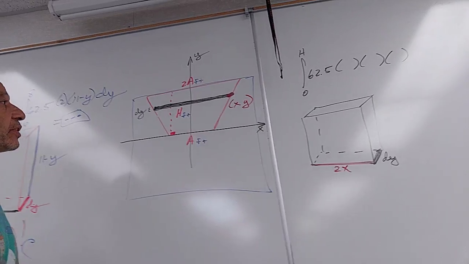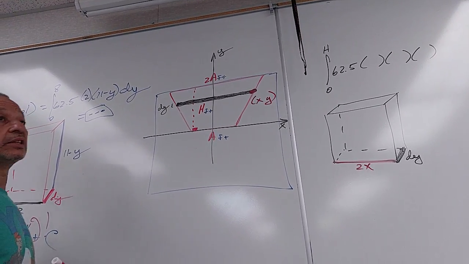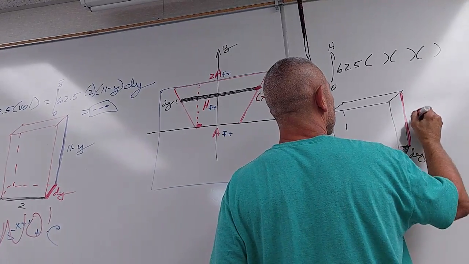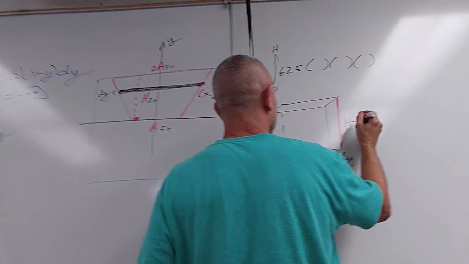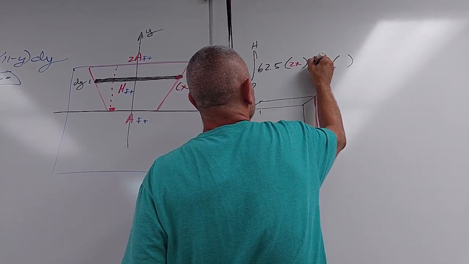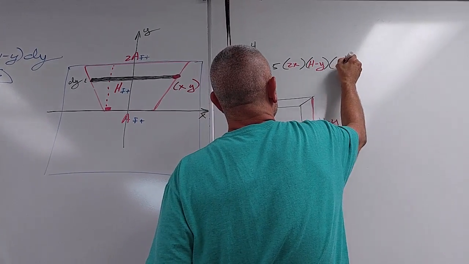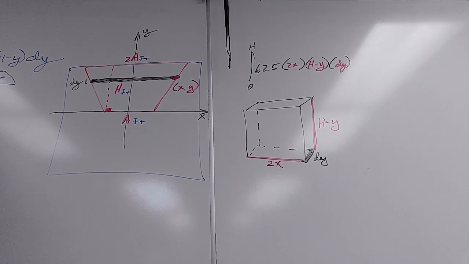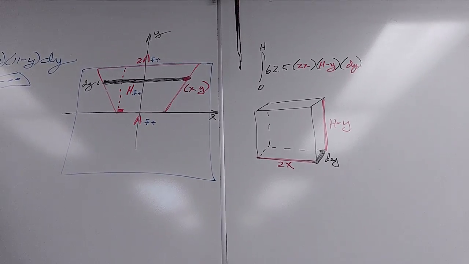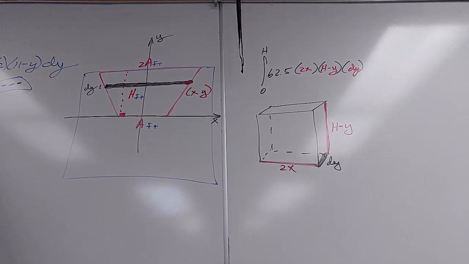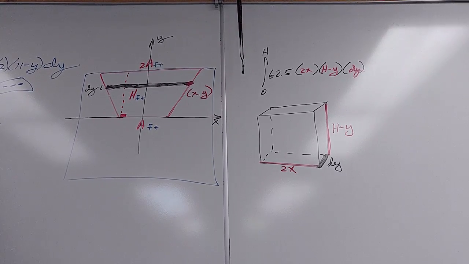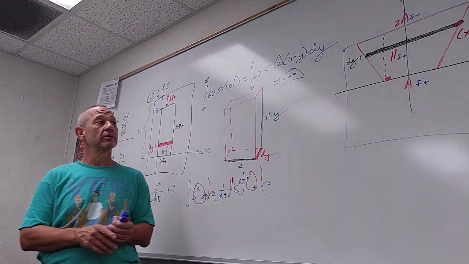And the height looks like h minus y, doesn't it? So 2x, h minus y, dy. H is just a constant that will stay in there. 2x, well, that needs to be established. We have to see the relationship between x and y, and then use that to substitute for x.